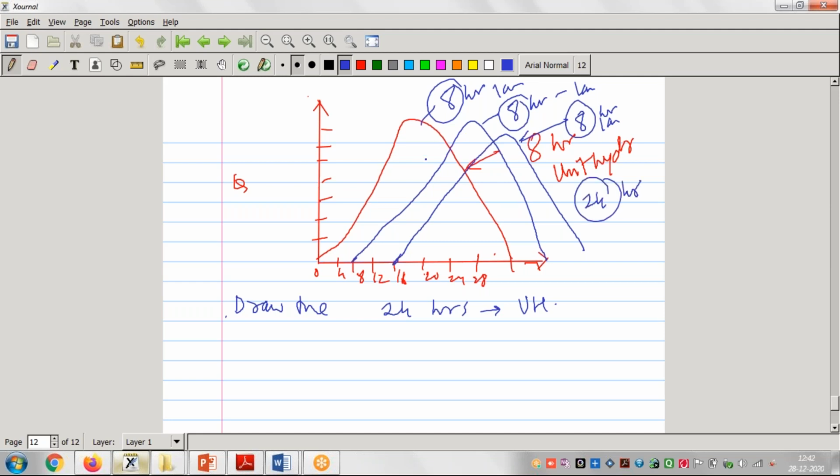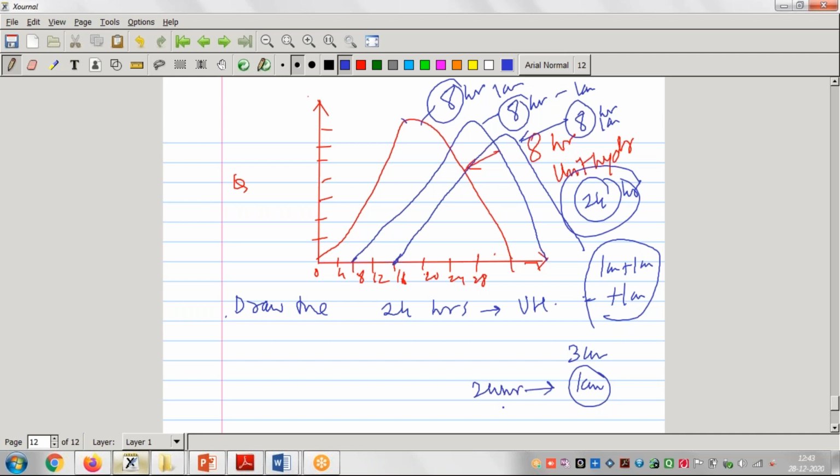When I add the ordinates of all these, I will get the 24-hour hydrograph, but the rainfall depth is 1 centimeter plus 1 centimeter plus 1 centimeter, so this will be because of 3 centimeters of rainfall. But I want a 1 centimeter rainfall depth and a 24-hour hydrograph.